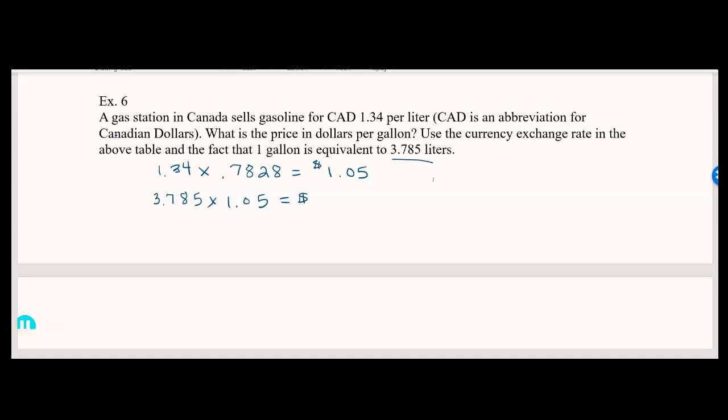This is going to give me now per gallon, and that would be $3.97 per gallon. All right, so first you convert into US dollars, then we took how many liters are in each gallon. This is the price per gallon.